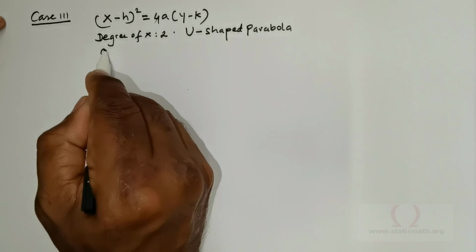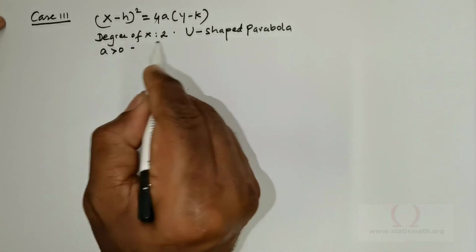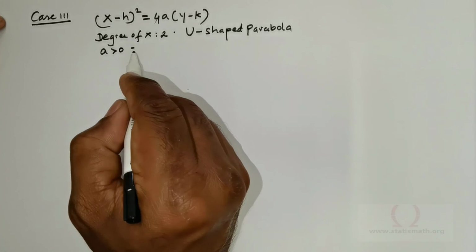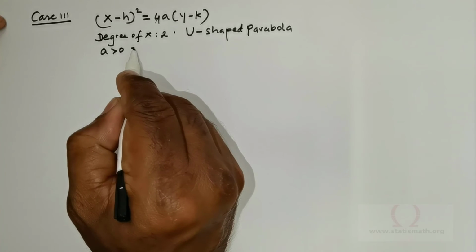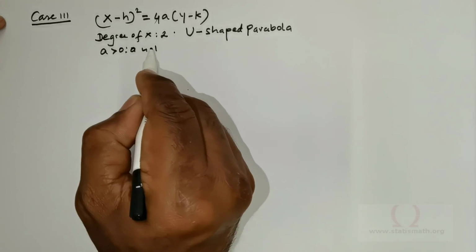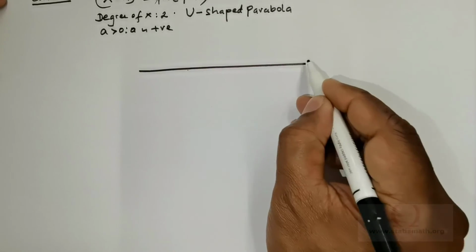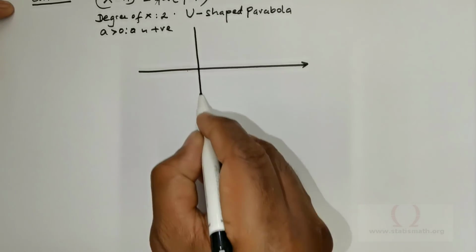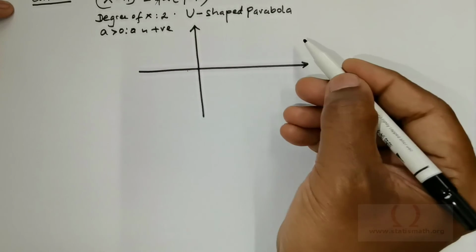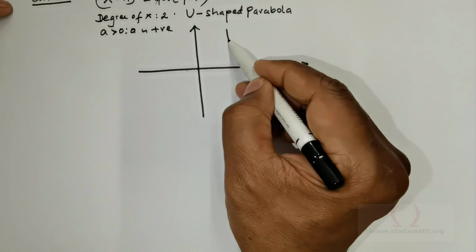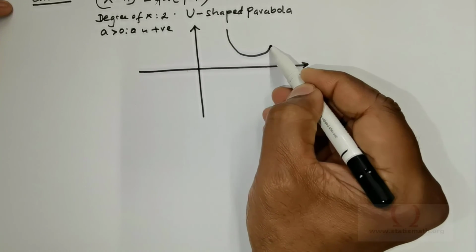And a is positive. Okay, so this is the reason it is U-shaped. So if we were to draw this parabola, it would be something like this. So imagine it is flowing like this over here.